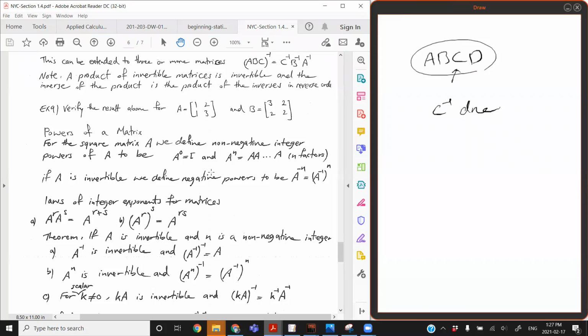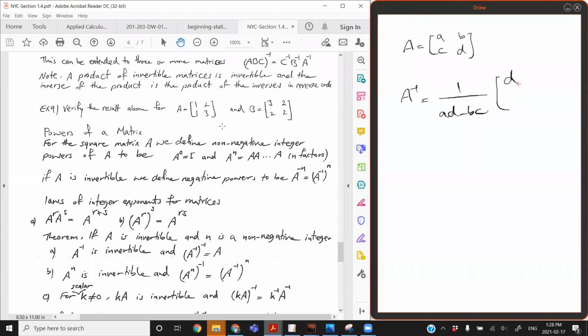Okay, so next example: verify the result using these 2 matrices. I'm going to give you some time to verify this. That will also give you some opportunity to practice the formula. For a matrix A, B, C, D, A inverse would be 1 over AD minus BC times D, minus B, minus C, A. Yes.